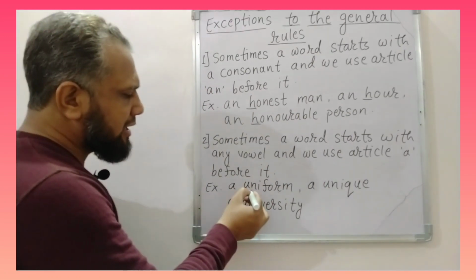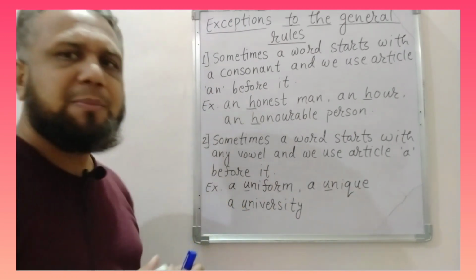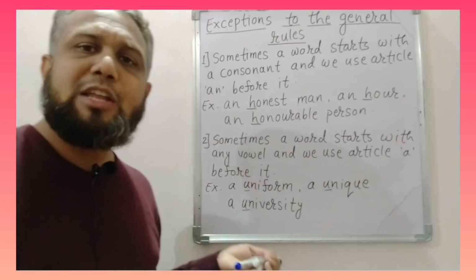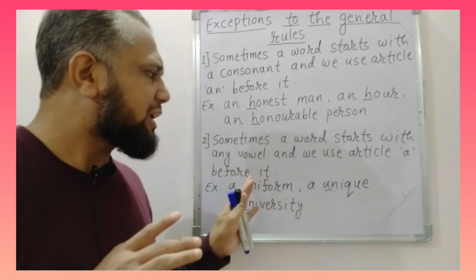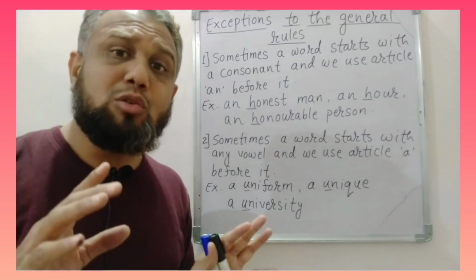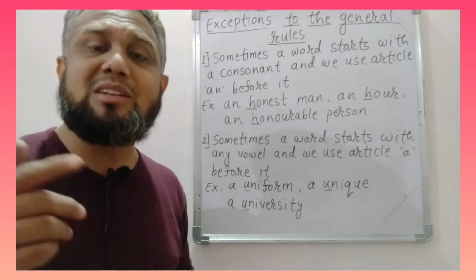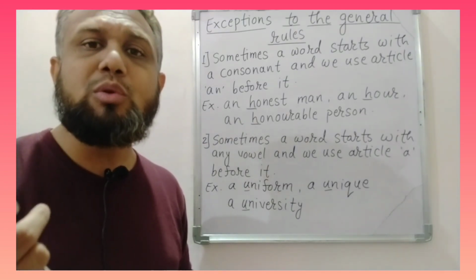Now here uniform, unique and university, all the three words start with U, and U is a vowel, but here we use the sound of the consonant Y: university, uniform, unique.